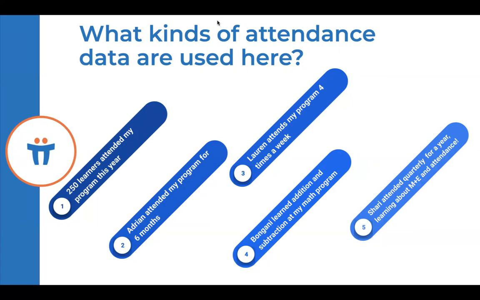If you want to pop in the chat or put your hand up, what kind of attendance are we talking about here, just to solidify what we've been talking about? Clue would be that, Alistair, you might have a different answer to me, which is totally fine. So what type of attendance are we looking at with 250 learners attended my program?